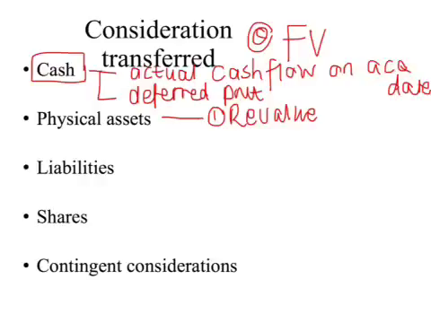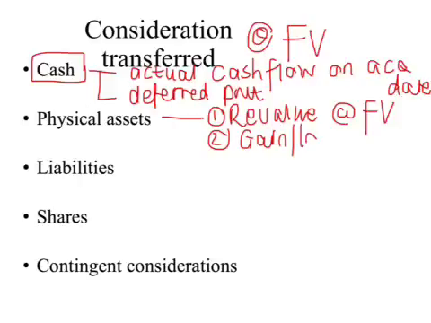We have to revalue that asset to fair value, because it will most probably be stated at cost. And then we have to recognize a gain or loss on that transaction, and that will go to the income statement of the acquirer.